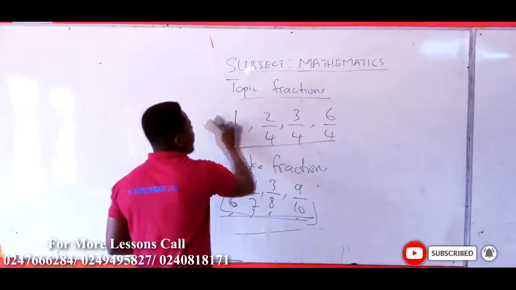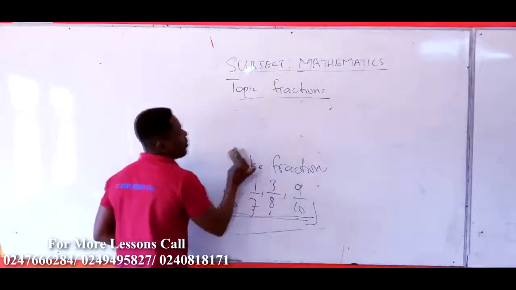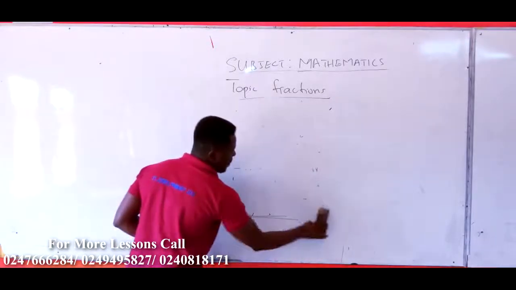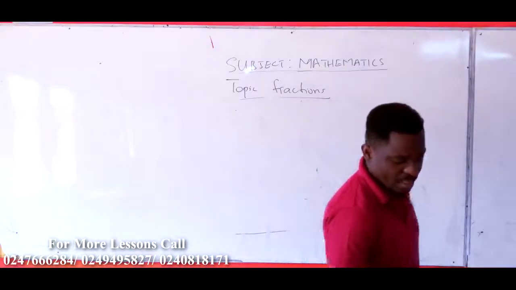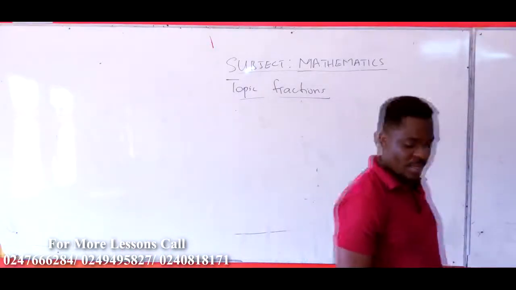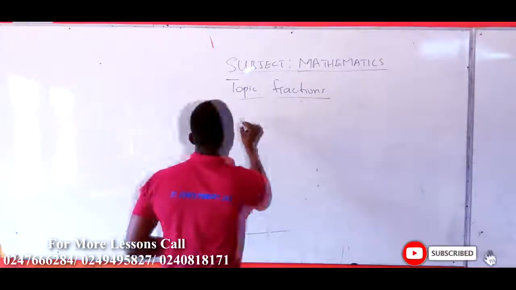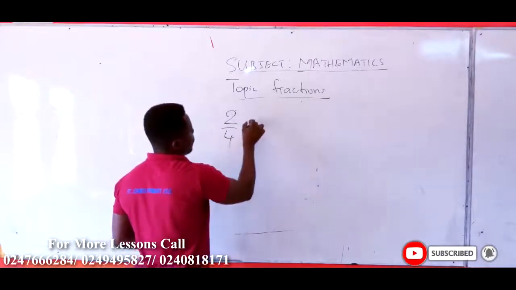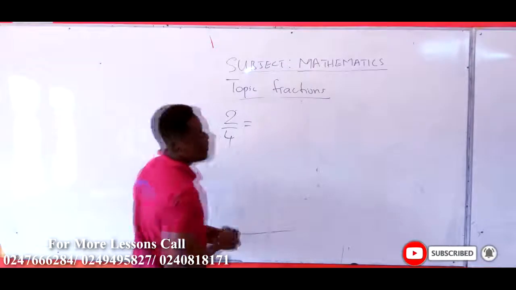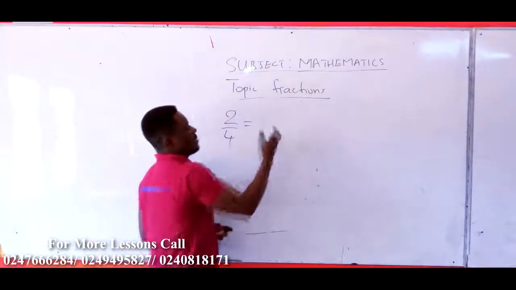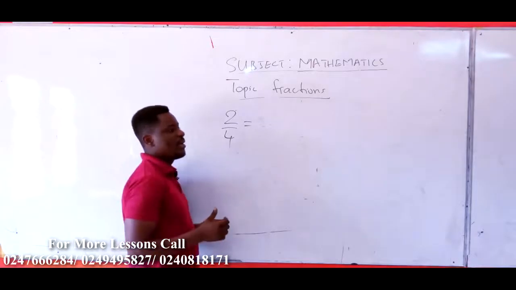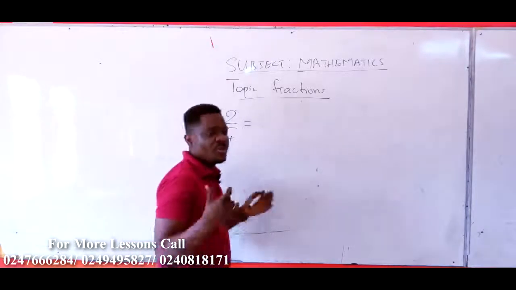The final one that I want us to look at is what we call equivalent fractions. Now, for instance, I have 2 over 4. An equivalent fraction is a fraction which is the same or equal to the previous fraction.